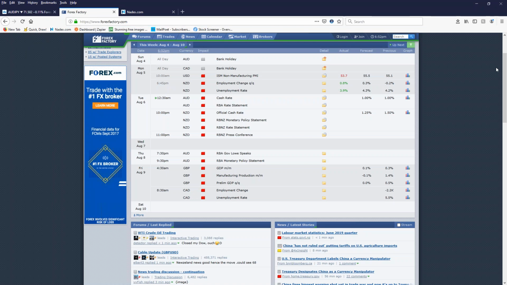Japan also came out and said they would not allow the yen to go so far up that it jeopardizes their economy. Now, for those of you that don't understand why they said that, the yen is considered a safe haven. So people will buy the yen in times of trouble, of uncertainty.